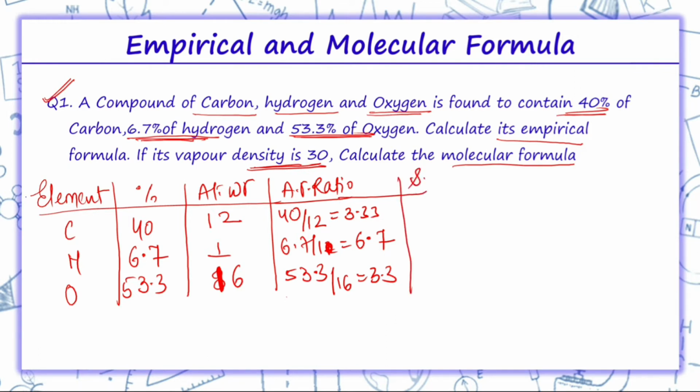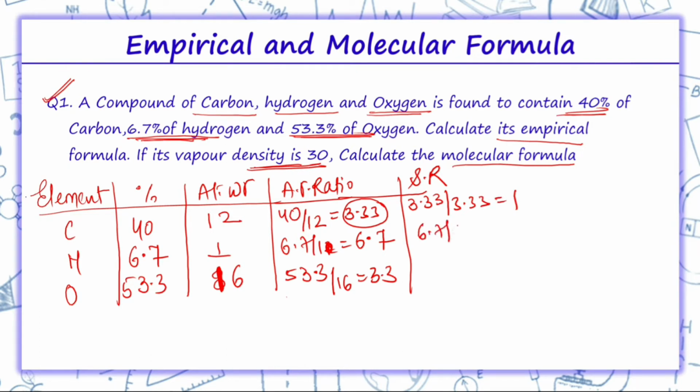Now we will find the simplest ratio. To find the simplest ratio in whole numbers, we will divide all three values by the smallest value. Since over here the smallest value is 3.33, 3.33 divided by 3.33, so the answer is 1.